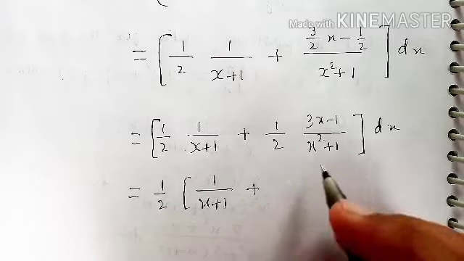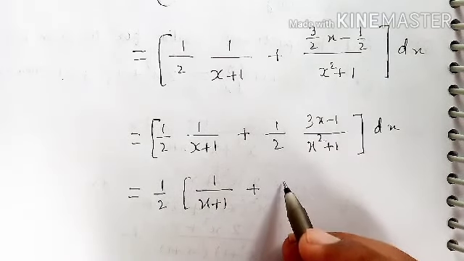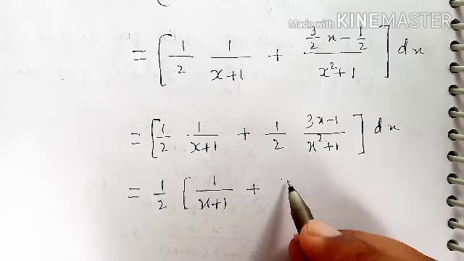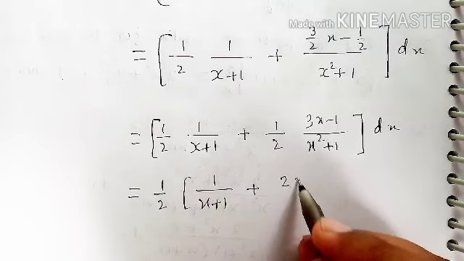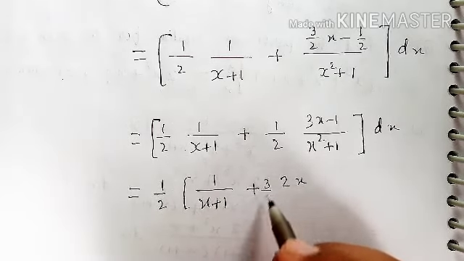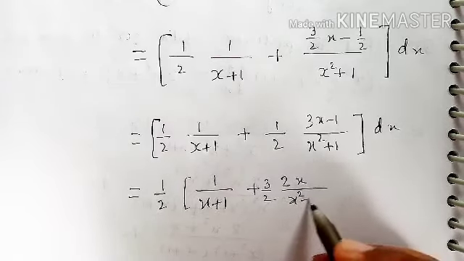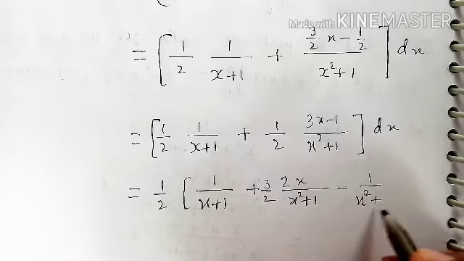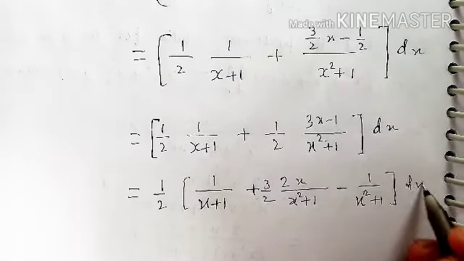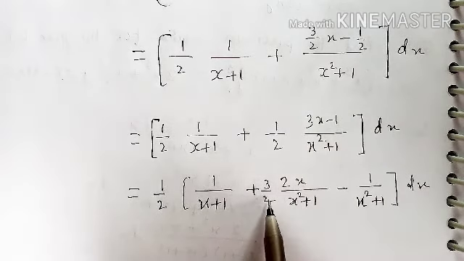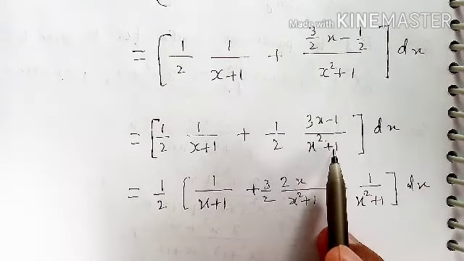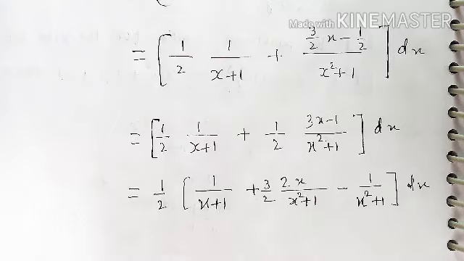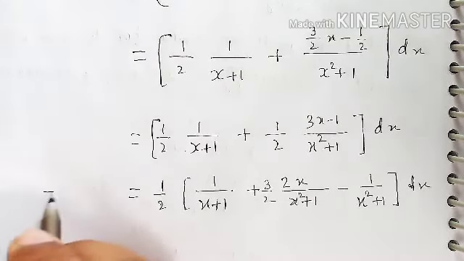We know that the derivative of x² + 1 is 2x. So can we write 3x as 3/2 times 2x? So (3/2)(2x)/(x² + 1) minus 1/(x² + 1). You can verify, the 2 is cancelled, then we have 3x/(x² + 1) minus 1/(x² + 1). Thus we have dy equal to this one.